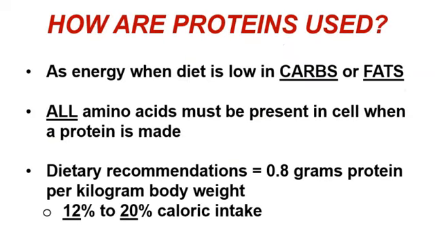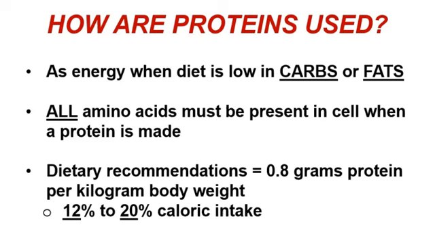So how does the body use proteins? We covered this a little bit already. However, proteins we've seen are important structural materials in the body. Many of the body's proteins function as enzymes, that is, they function in the building or breaking down of other molecular components in the body. Proteins can also be used as energy when our diet is low in either carbohydrates or fats.